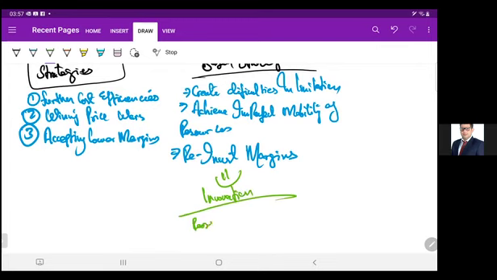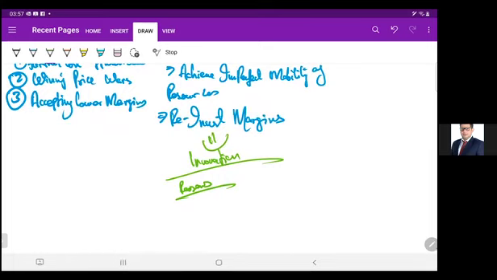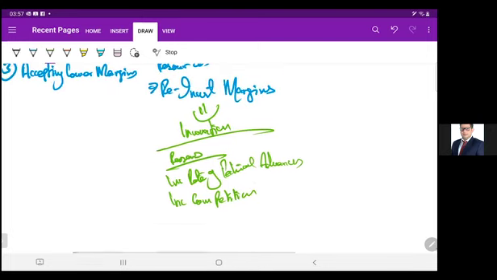The reasons are the increased rate of technical advances, increased competition, and increased customer expectations.